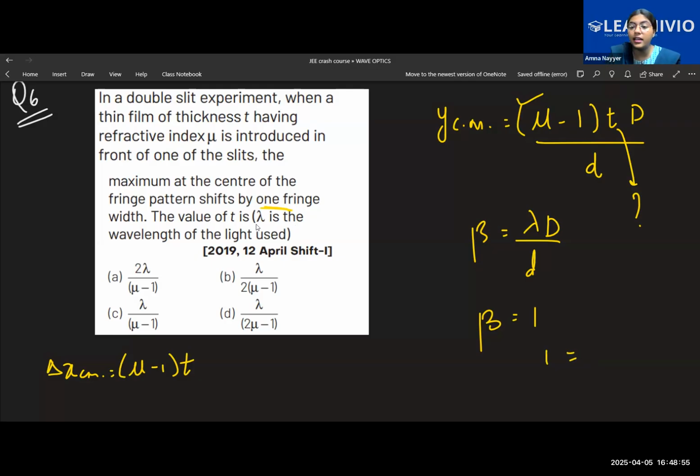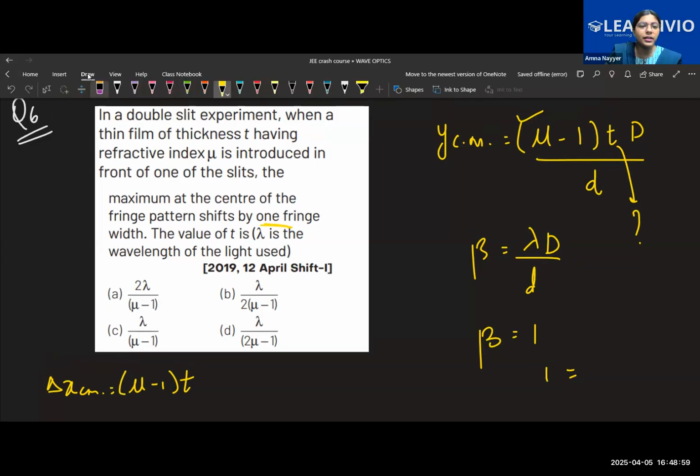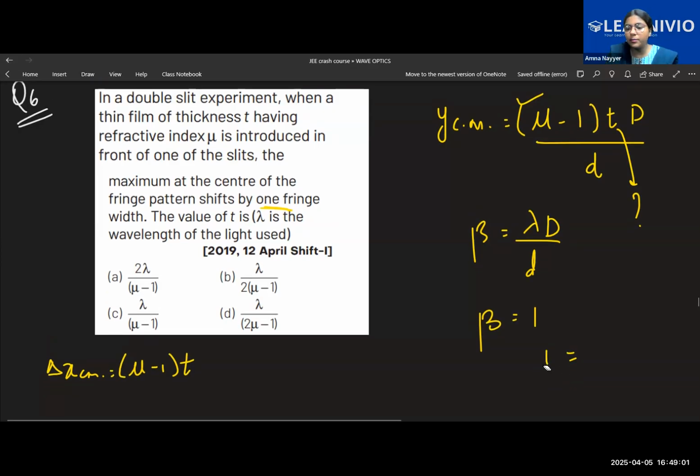The wavelength of the light that is used is given as lambda. If you want, you can put the value of lambda here. Your (mu minus 1) into t is equal to y d by D.